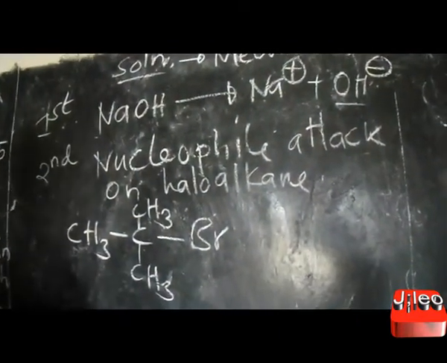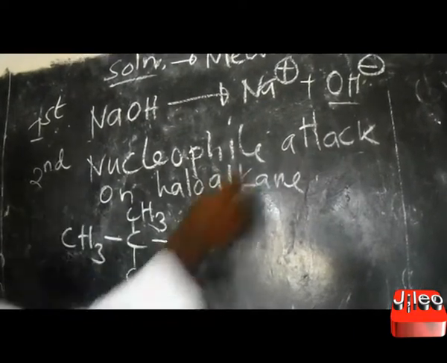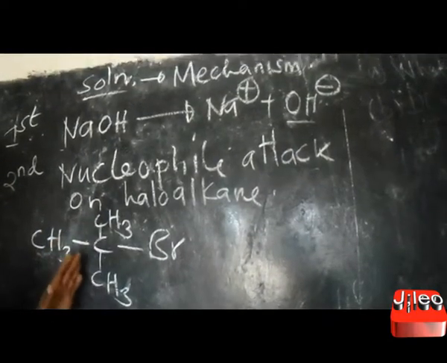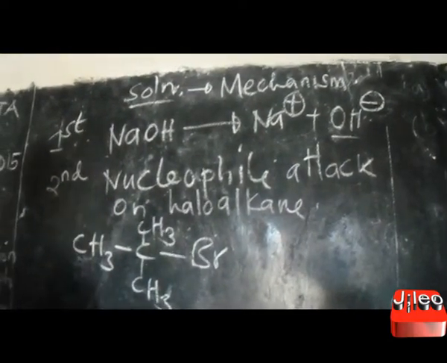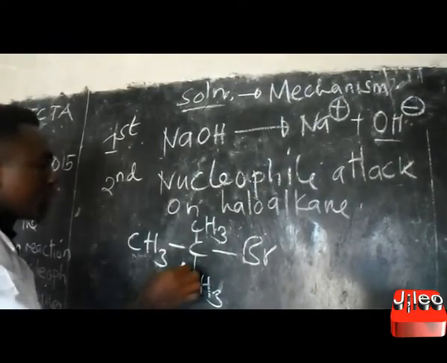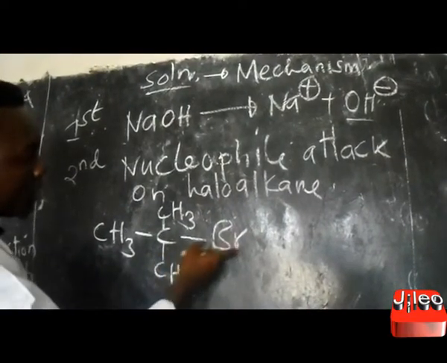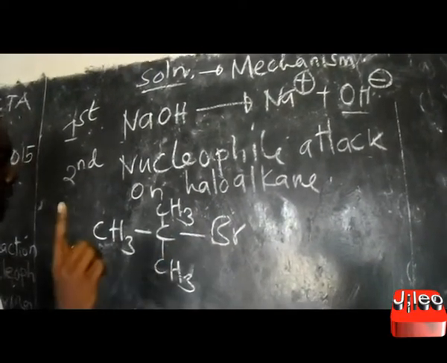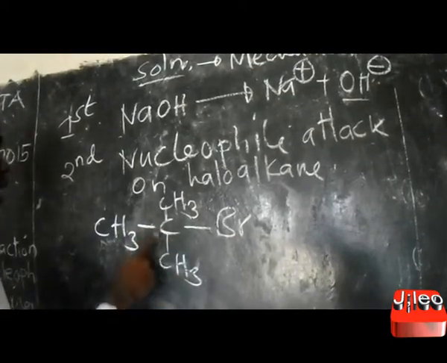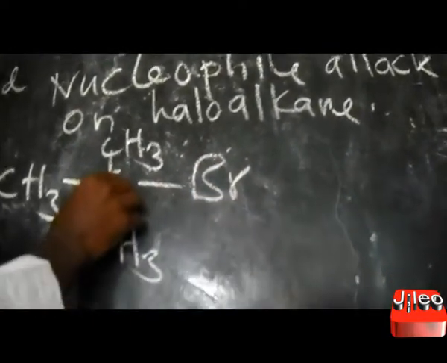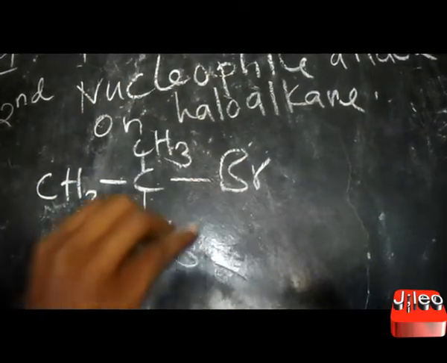So we have to form a carbocation first, in order for this OH to come and attack that carbocation which has already formed after protonation. Because the reaction is going to take place here at the bromine, we have to consider carbon and bromine, where bromine is the most electronegative.